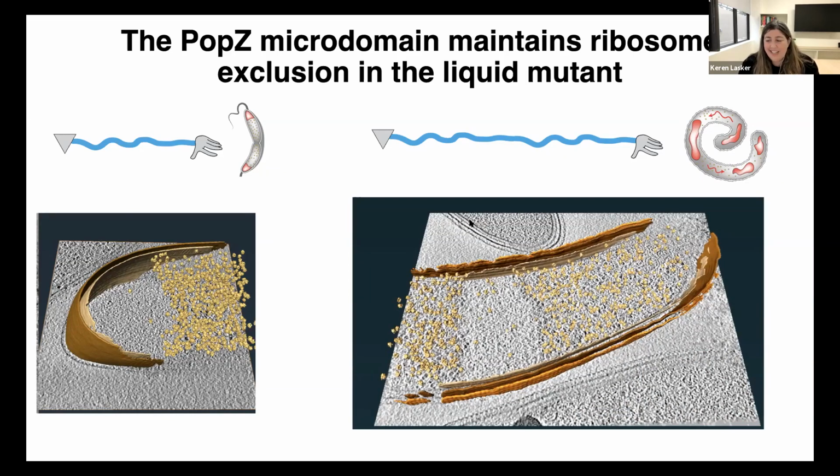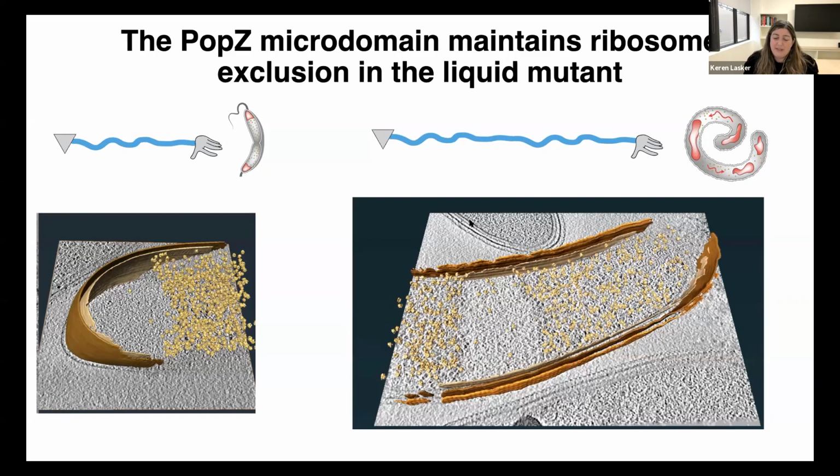But now, the picture to the right, we're actually able to capture this liquid POP-Z as it's just cruising across the cell, and we confirmed it with a correlative fluorescent imaging. And what is super cool is that now we have this liquid droplet that, again, is not maintained at the pole anymore. And it's just sliding around the cell, excluding ribosome and DNA.